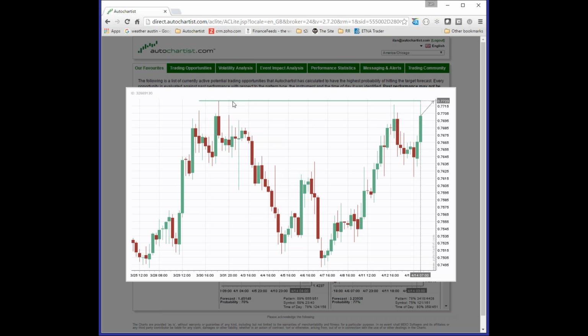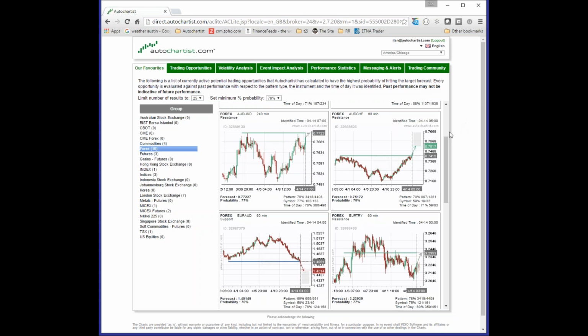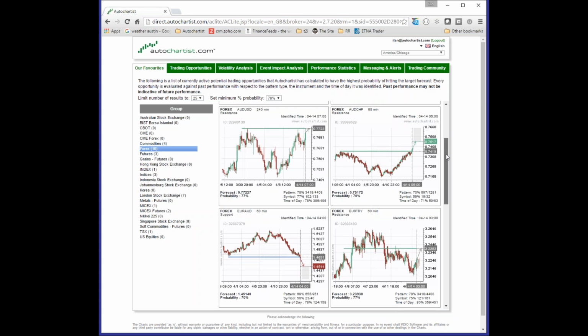Autochartist drew this line at 0.7723 because it's noticed that that's where the highs have been before. But use your common sense, the drawing might not be exactly perfect. You might want to draw the prices through the closes or the openings. So this is potentially an opportunity which I might miss right now, but keep a close eye on it.